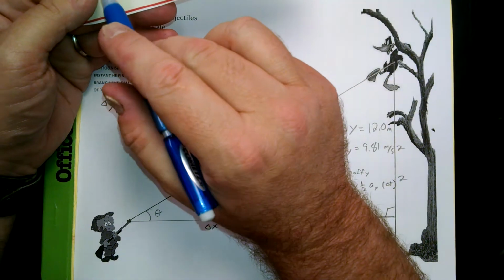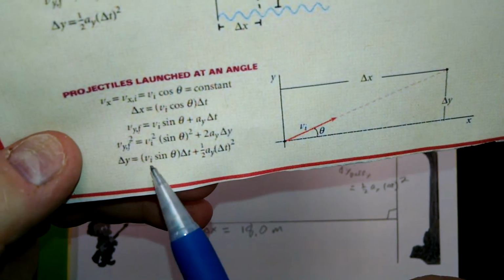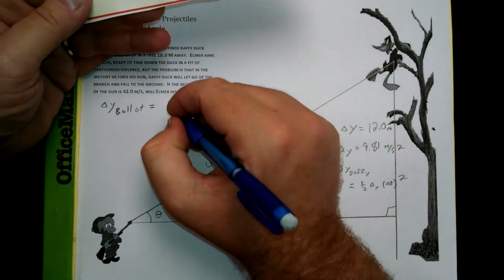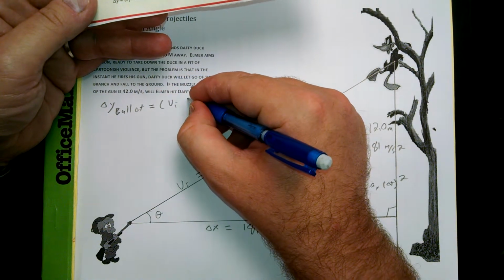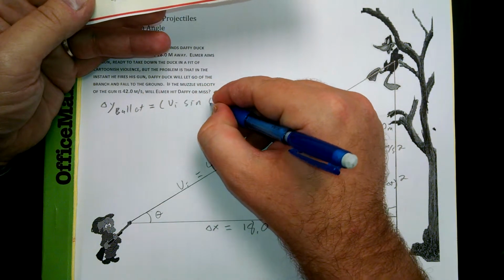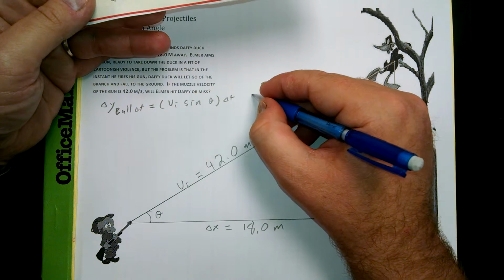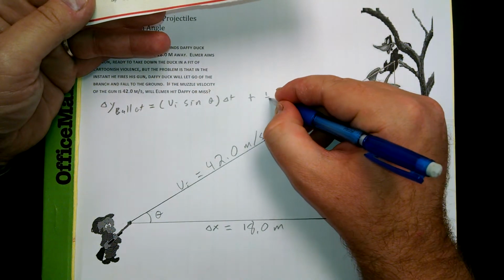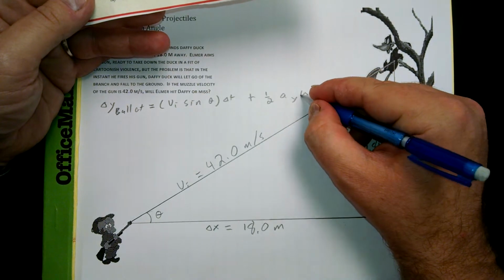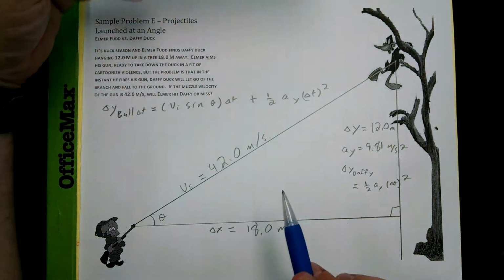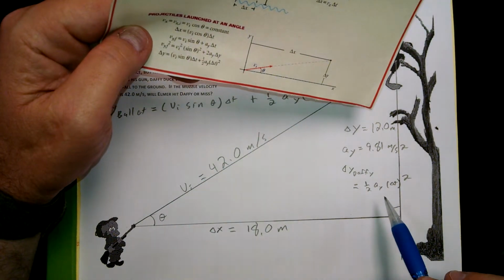And we're going to use the projectiles launched at an angle formula right here, the bottom one. So delta y of the bullet is equal to initial velocity times sine of theta times delta t plus 1/2 a_y delta t squared. If you'll notice, this equation is slightly similar to our other equation.